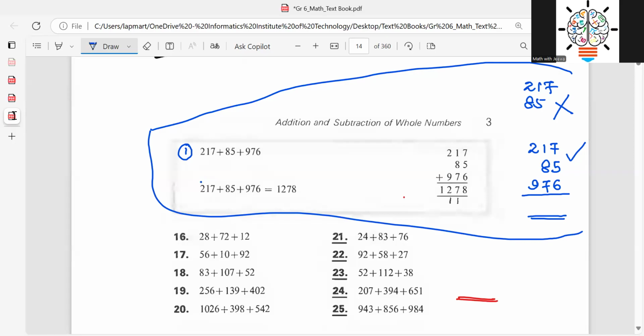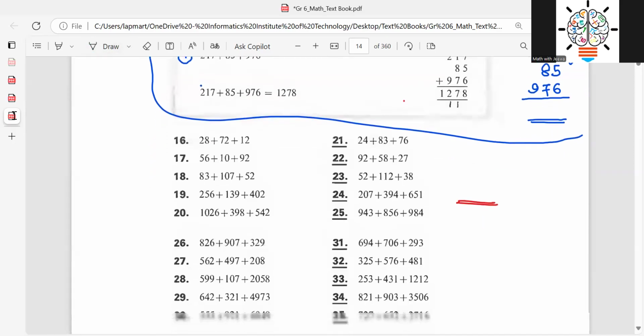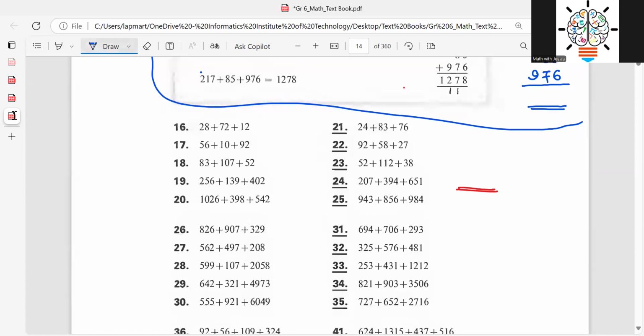So you can pause the video and copy this down. Then at home, you want to do these 5 sums, as homework. You want to do 21 to 25.